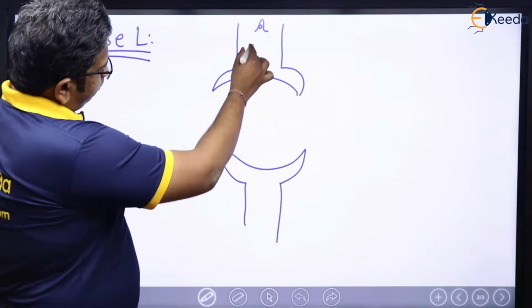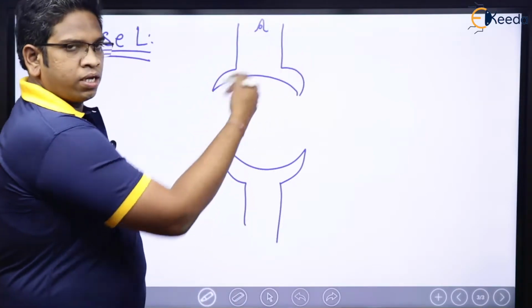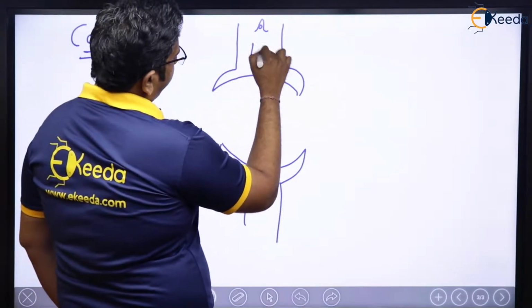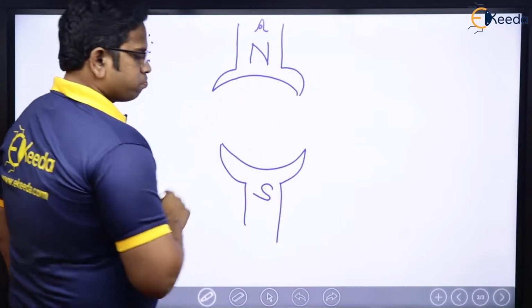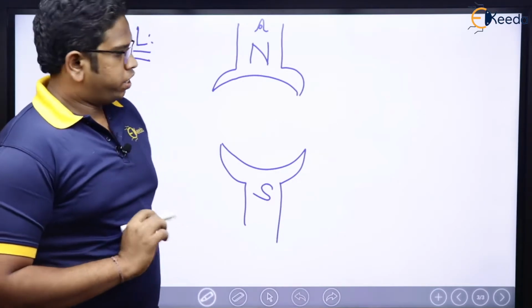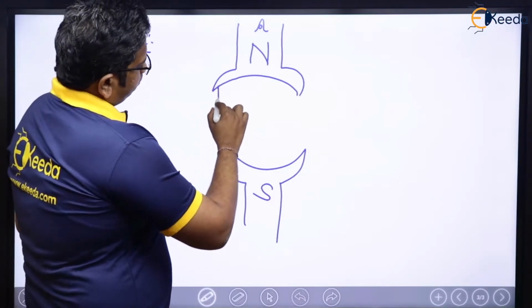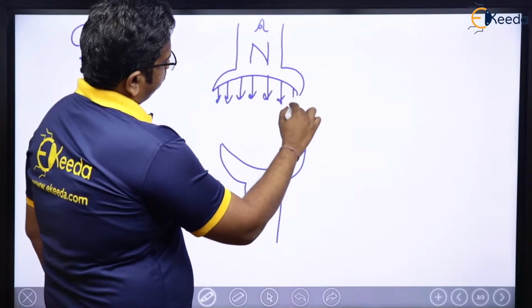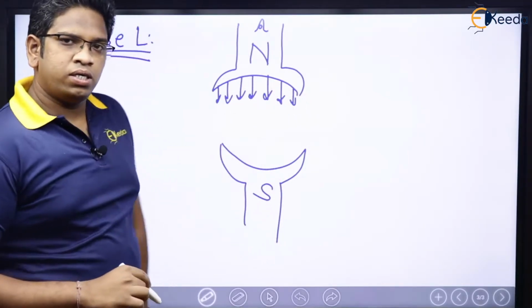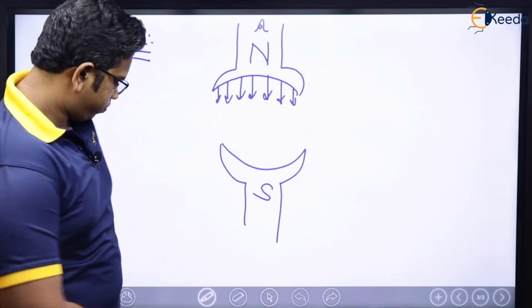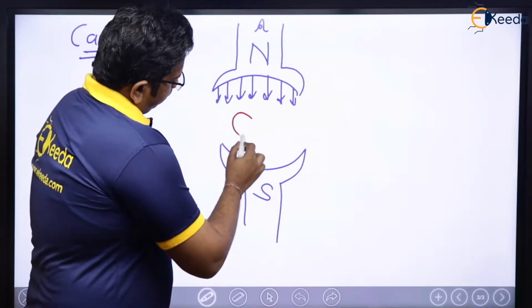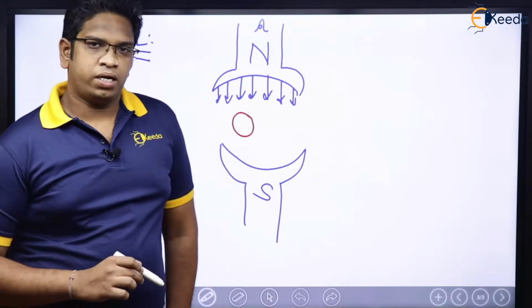You can take N here and S there, or the other way, there is no problem. For example, I am considering this as N and this as S. Now we know that the flux direction will be like this. Is it right? 100%.